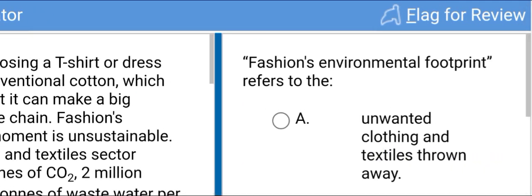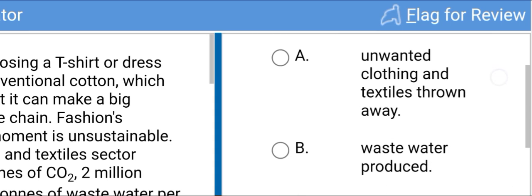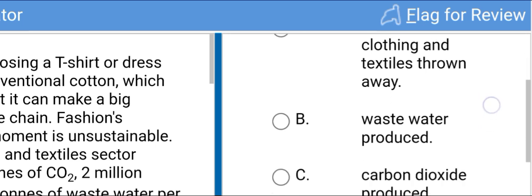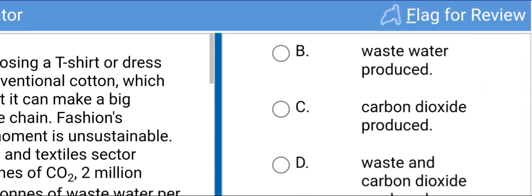Okay, now next we have question number 9. It says fashion's environmental footprint refers to the: option A, unwanted clothing and textiles thrown away. Option B, wastewater produced.